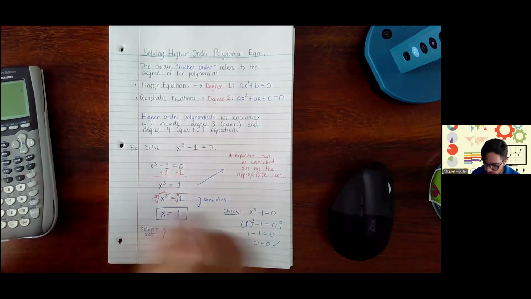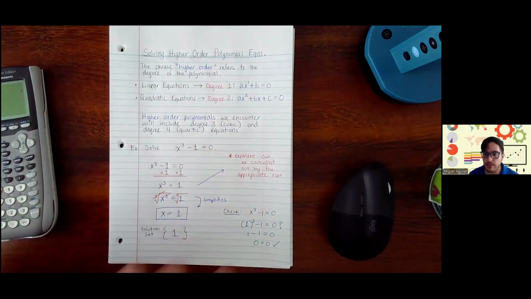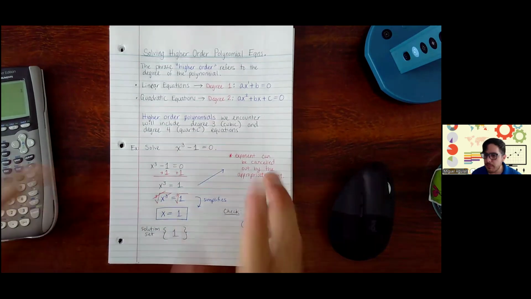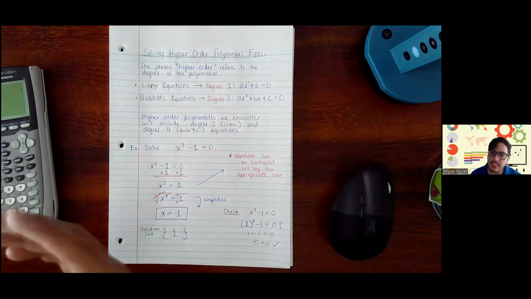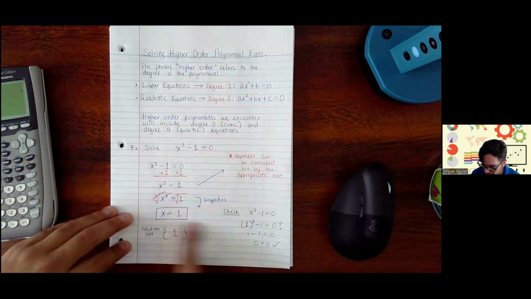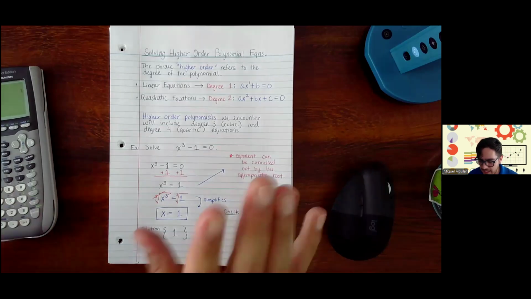But right now, we're just going to say we only found one real solution, and that's good enough for our purposes. Okay. In higher level mathematics classes, there may be some other sort of hidden solutions, but we're just going to be looking for some of these real solutions. So if this makes sense to you, then that should be good. We don't want to really dig any more deeply into this than we have to.